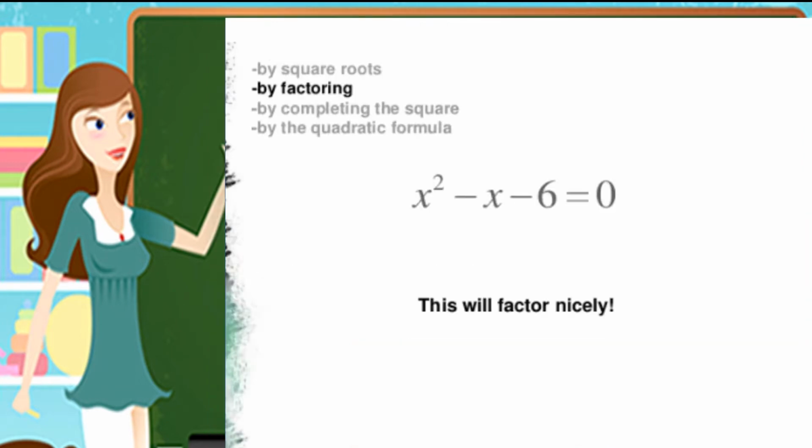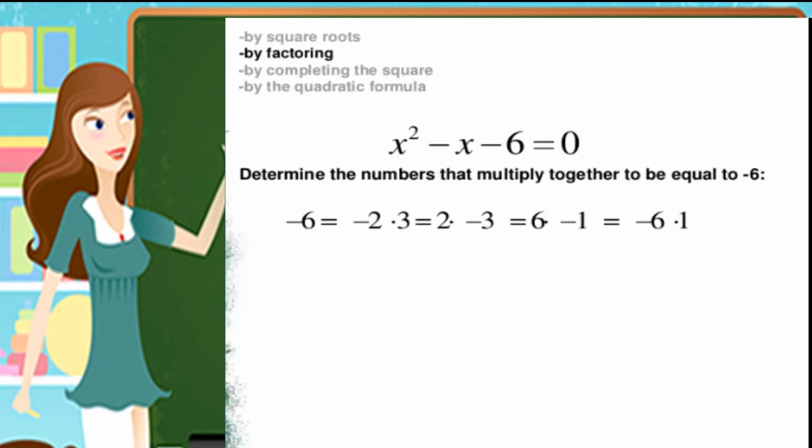Okay? The next one is by factoring. Factoring ang sunod. Given this equation, x squared minus x minus 6 equals 0, this will factor nicely. Paano ba yon? Ganito yon. First is to determine the numbers that multiply together to be equal to negative 6.